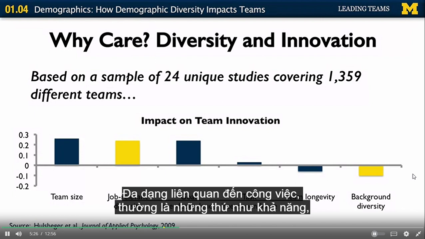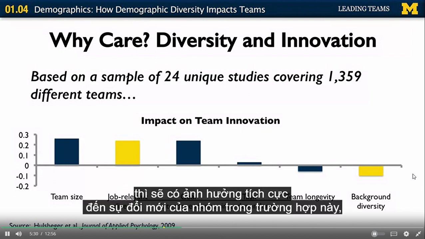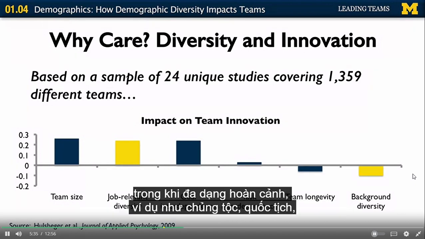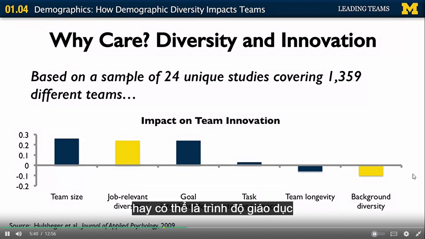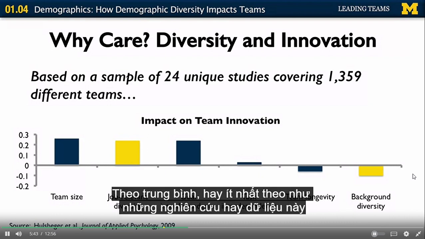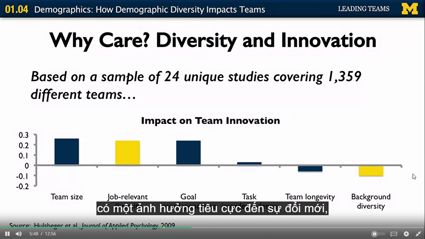Job-relevant diversity, which would often be things like abilities, has a positive effect on team innovation in this case, whereas background diversity, that would be something like race, nationality, could be educational background, could be functional background. On average, at least according to these studies or these data, has a negative effect on innovation.